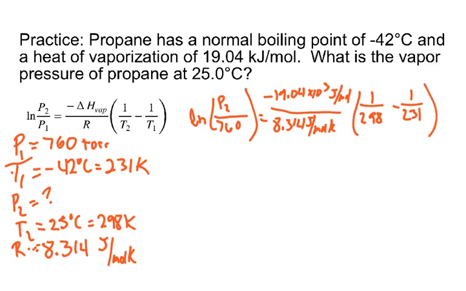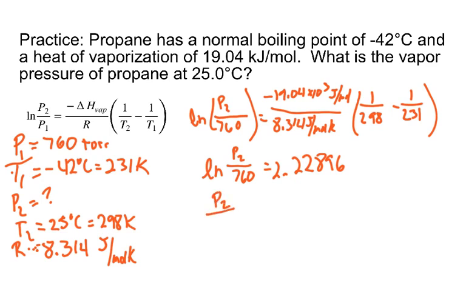Then I can solve my left-hand side, so my natural log of P2 over 760 equals 2.22896. Then to get rid of my natural log, I'm going to take e to the power of both sides.